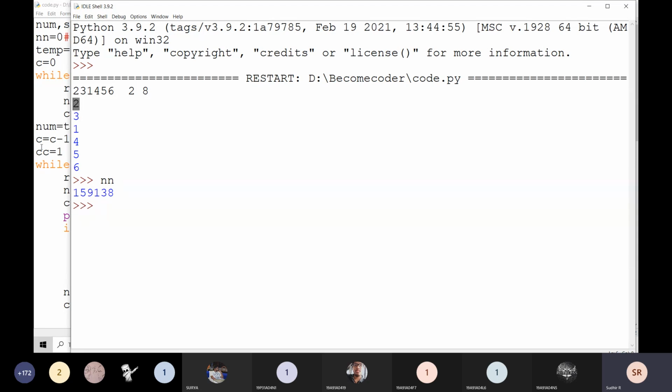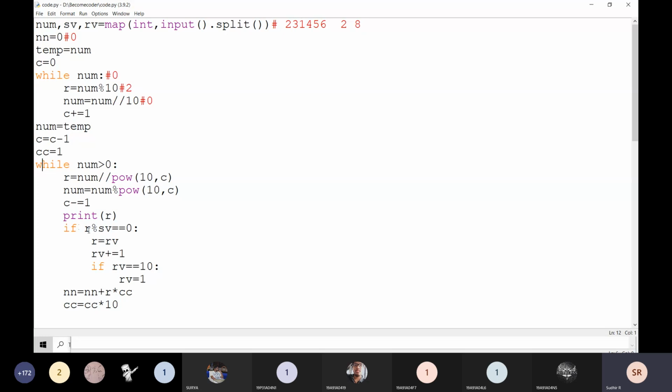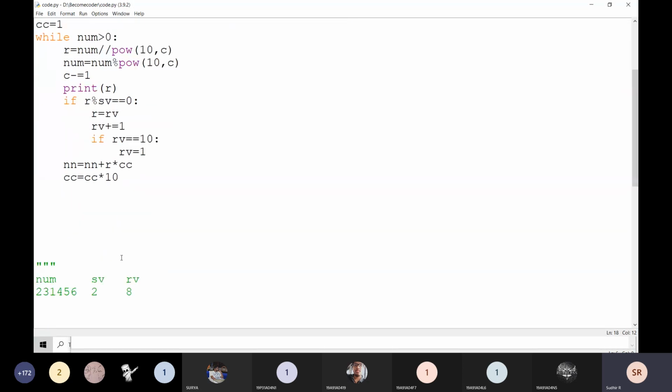This is in the reverse order. Yes, R is such value. R is exactly divisible by such value. Then I have to replace with the SV. No, that is going to be RV, right? Then RV. Then RV is equal to RV plus 1. And RV is equal to RV plus 1.